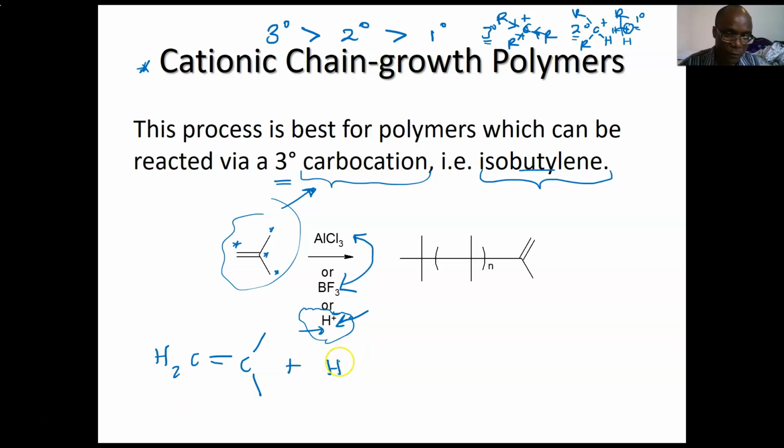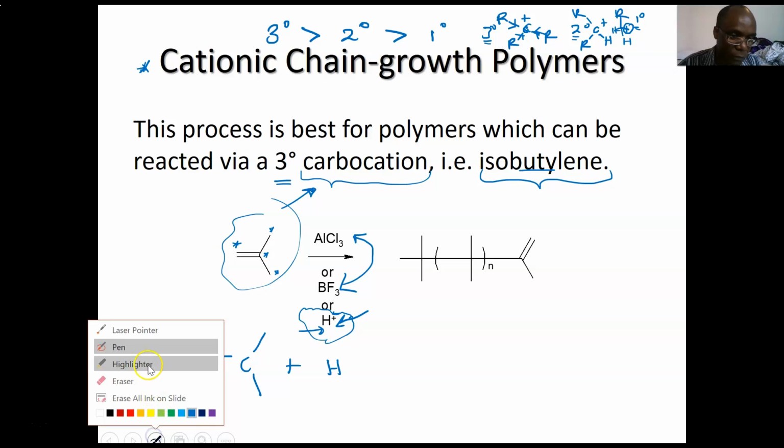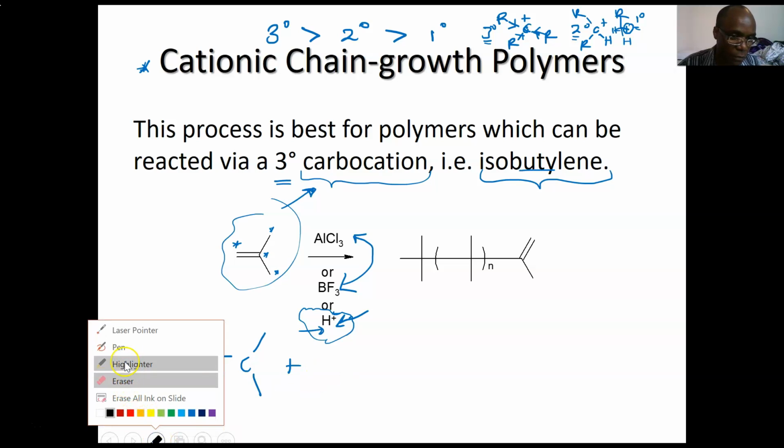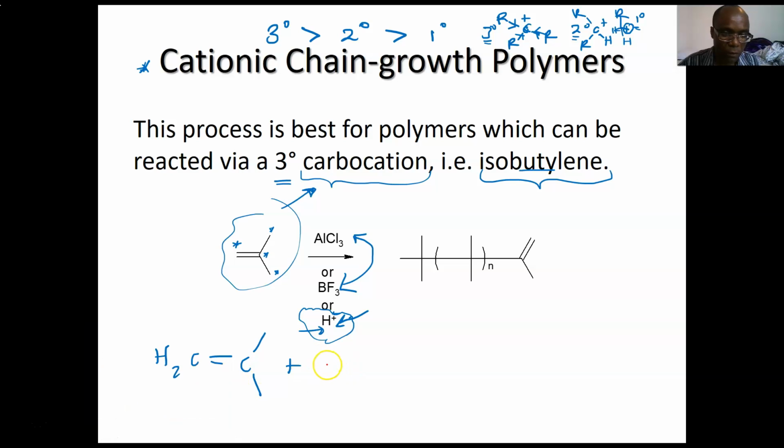We said whenever you're adding an acid across a double bond, it's going to do so following the Markovnikov rule. The Markovnikov rule states that the electrophile of the acid, which happens to be the proton, should end up on the sp2 carbon of the double bond that has more hydrogens.